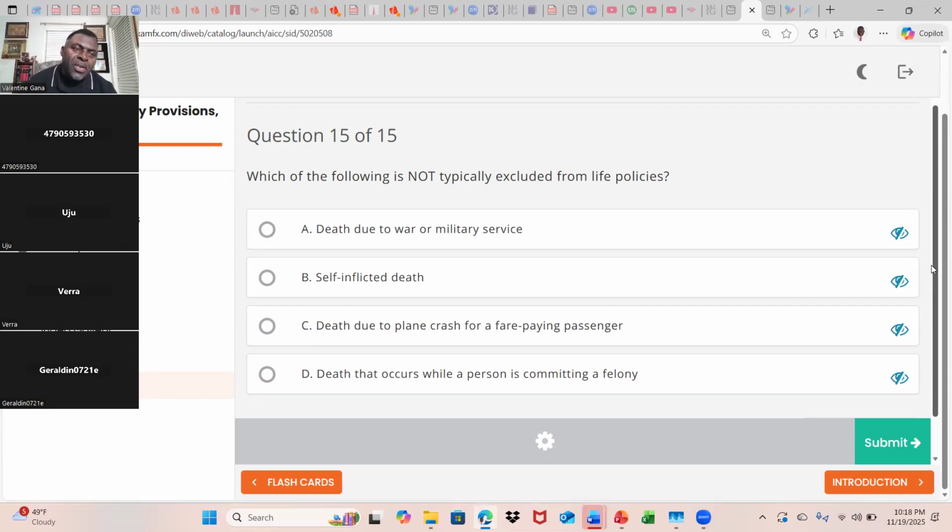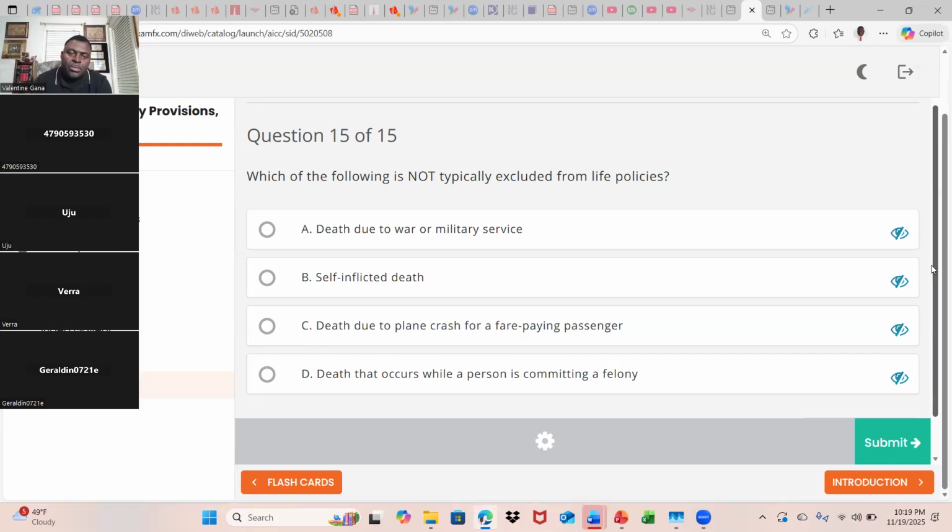Now, if everybody in your house was traveling, and almost every household in America, once or twice a year, people travel, will it be reasonable to exclude death from a plane due to people traveling for normal business?